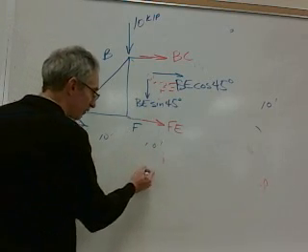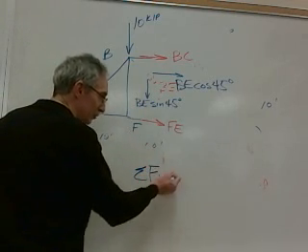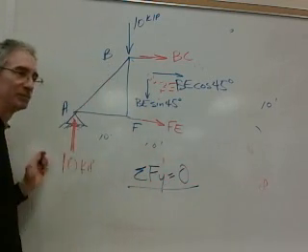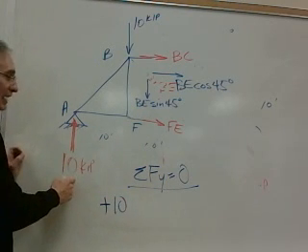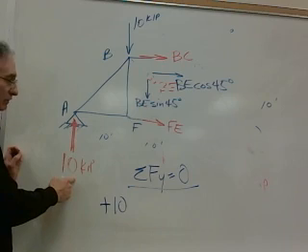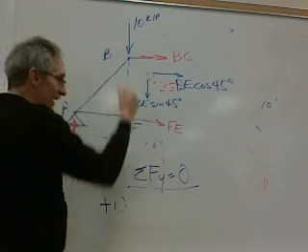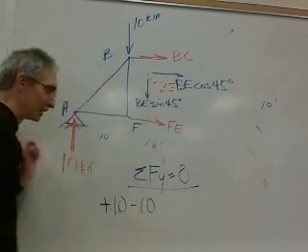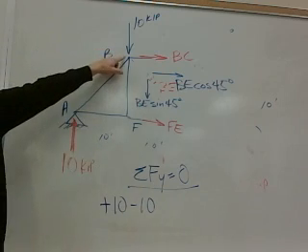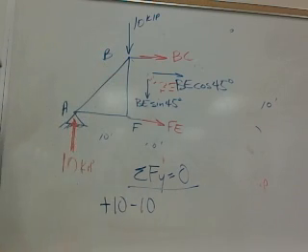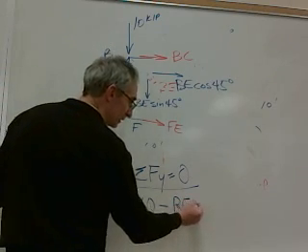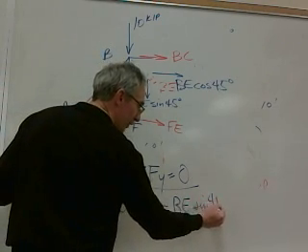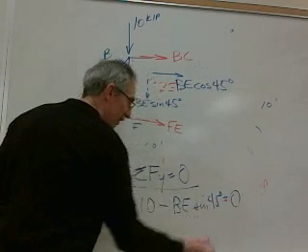So like this, if I say sum forces in y equals 0, I've got plus 10 at my reaction, minus 10 kips up there at B, and minus BE sine 45 degrees equals 0.